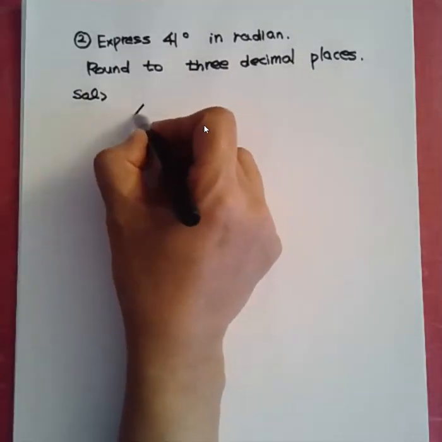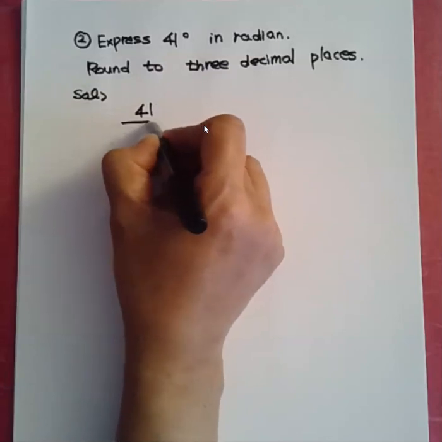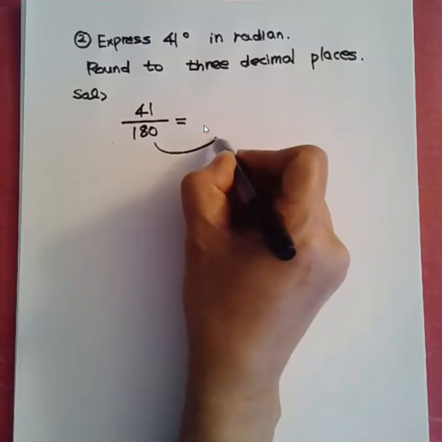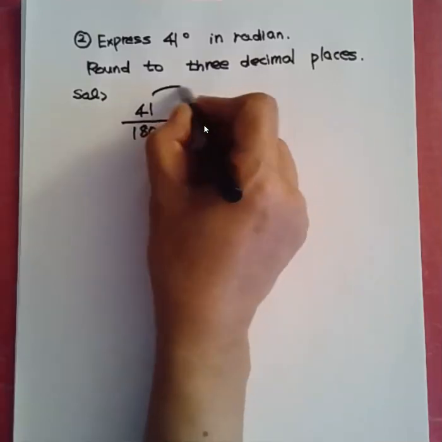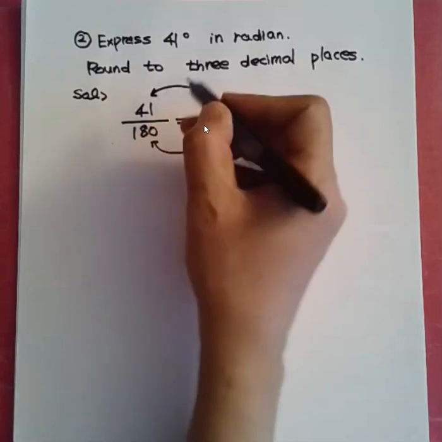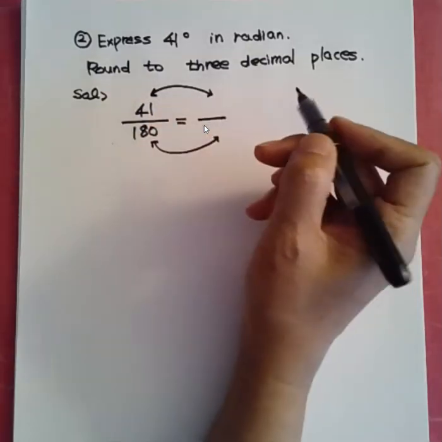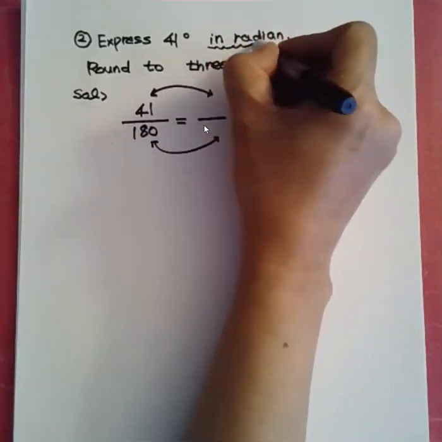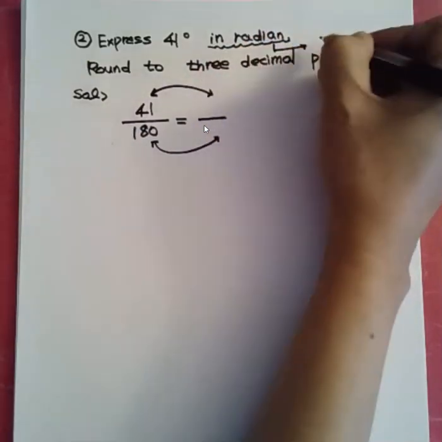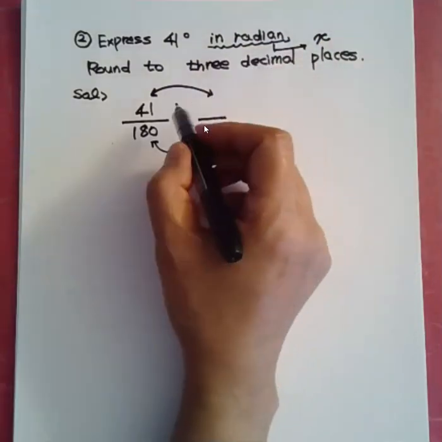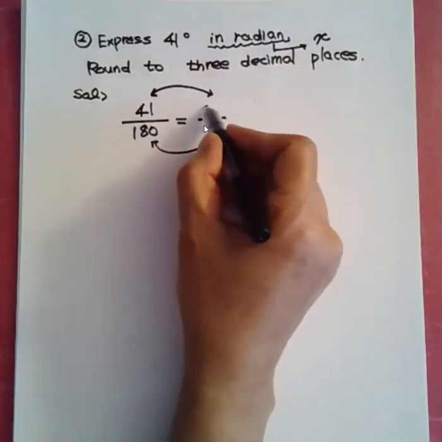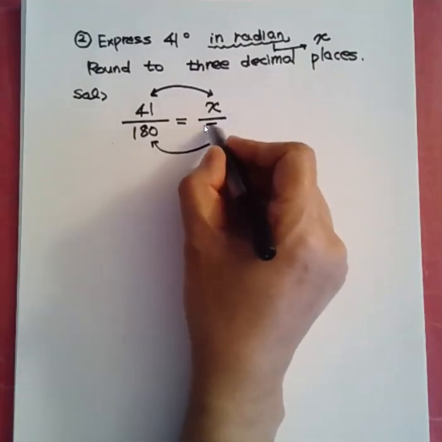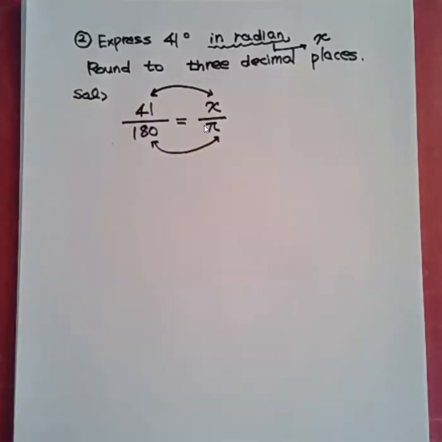We think about 41 degree and 180 degree. Now we want to compare the radian angles. Again, in radian, this angle is unknown, so we will put that as x. That x corresponds to 41 degree and pi corresponds to 180 degree.